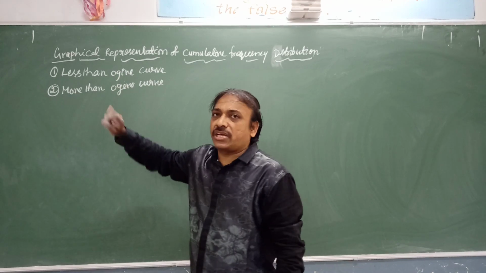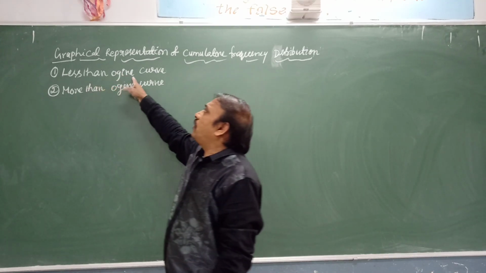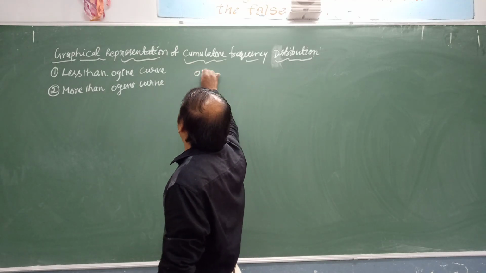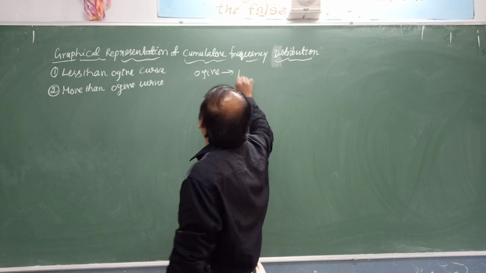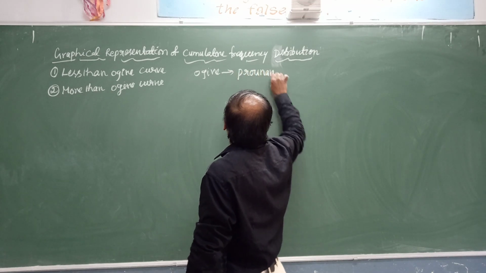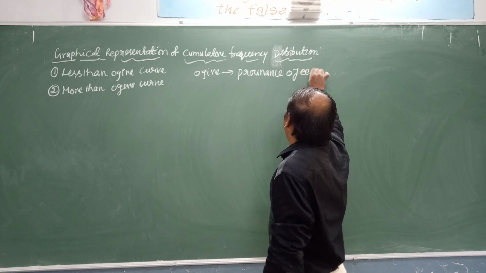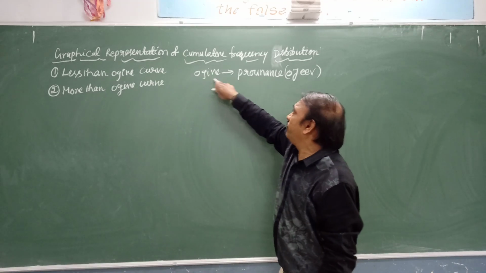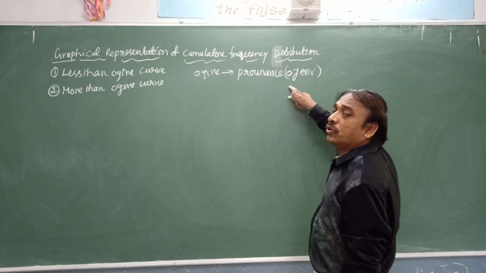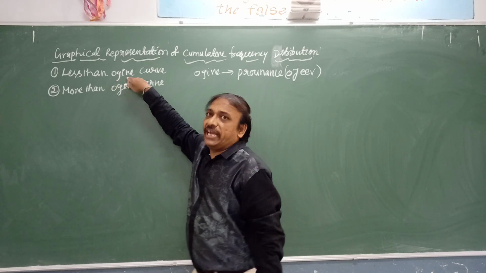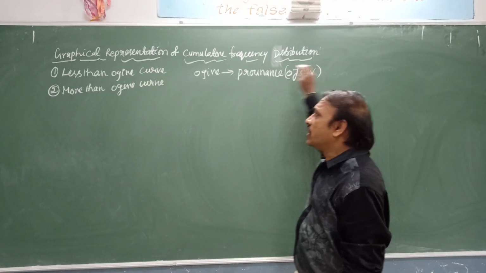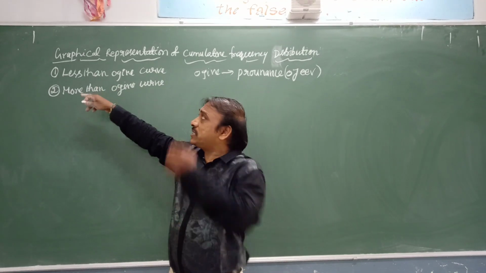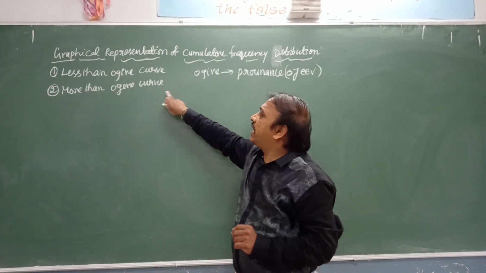See how we need to pronounce it: the less than ogive curve, ogive, spelled O-G-I-V-E. So, less than ogive curve and more than ogive curve.